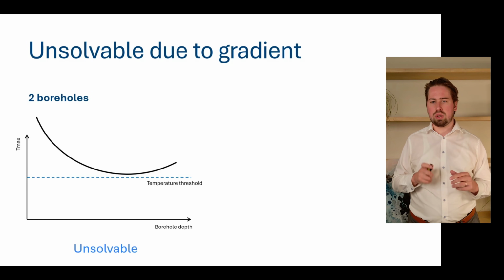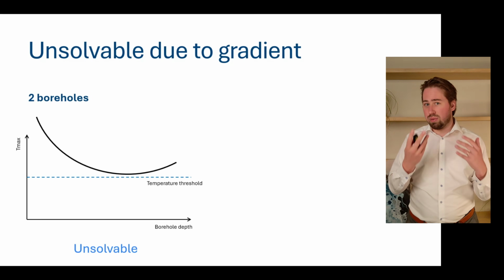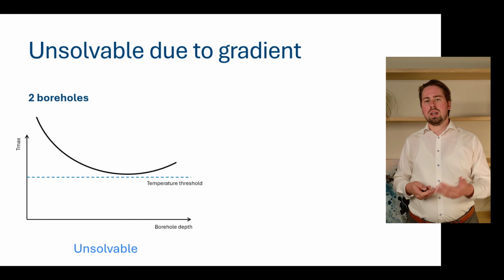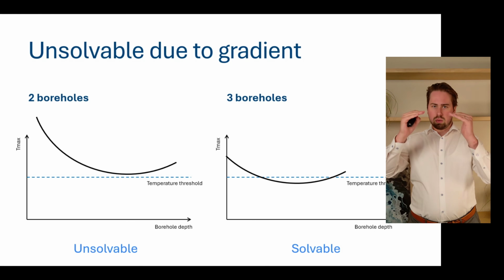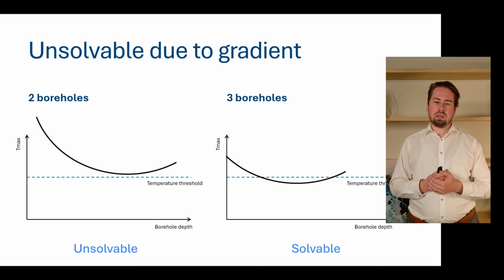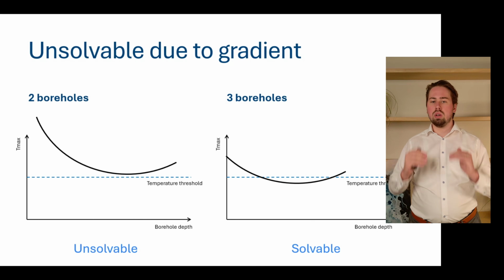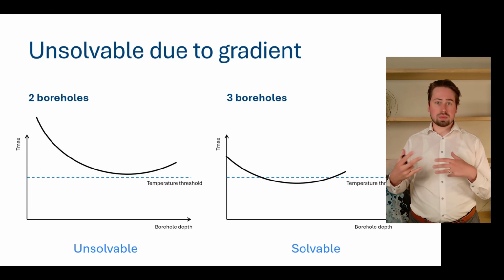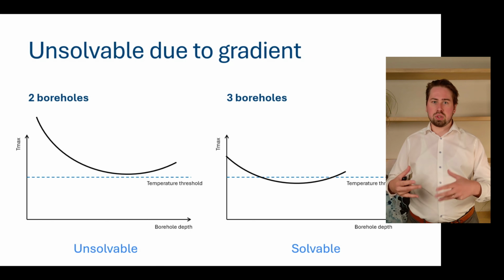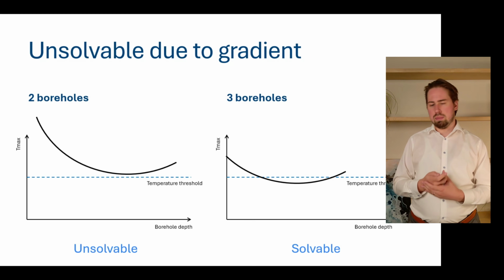The only way to overcome this is by saying, well, instead of having, for example, these 2 boreholes, let's drill 3. This will shift the whole curve down, and now we will end up with some depths that are below the temperature threshold, so depths where our fluid temperatures will be below our maximum limits.